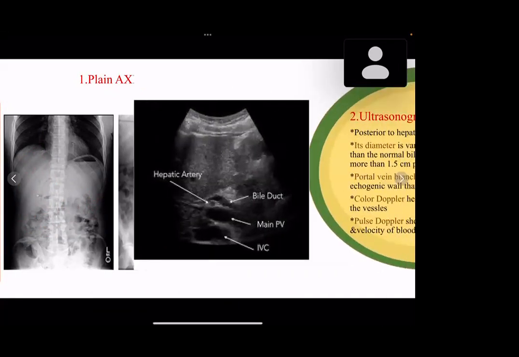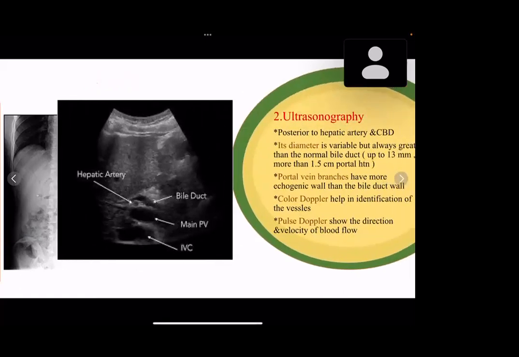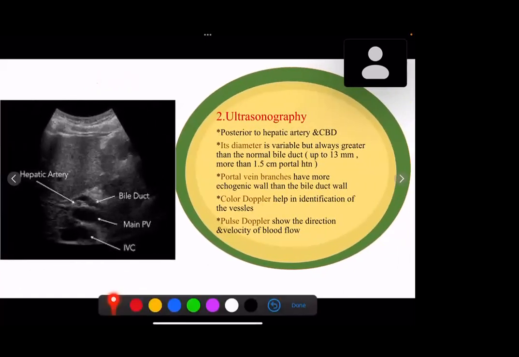By ultrasound, as we said, the portal vein lies posterior to the hepatic artery and the CBD. The diameter is variable, but it's usually greater than the normal bile duct, up to 13 millimeters. More than 1.5 cm is considered portal hypertension. Portal venous branches usually have more echogenic walls than the bile ducts, because they are accompanied by the bile duct and the hepatic artery.